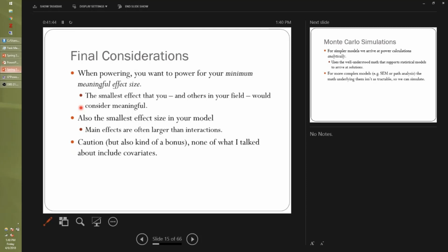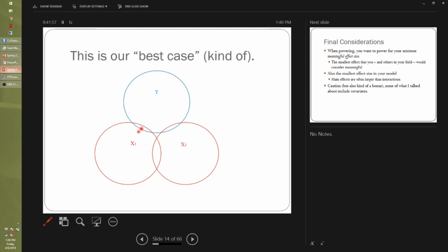And as a caution, but also kind of a bonus, nothing I talked about included covariates, right? So maybe you want to control for age and gender and a bunch of other stuff. The degree to which they overlap with these other pieces can be difficult to think about, but they also probably explain some variability in your outcome, in your depression, that's unrelated to your treatment, unrelated to anxiety. If you remember, that ratio is the unique variance explained by the thing you care about divided by the unexplained variance.